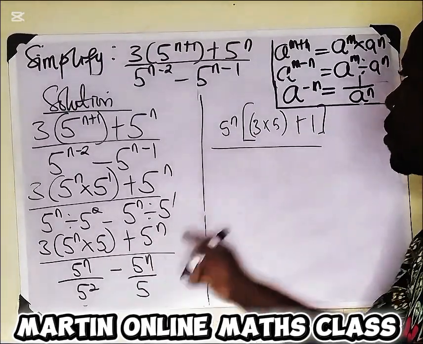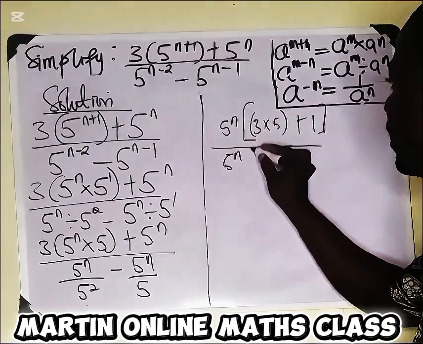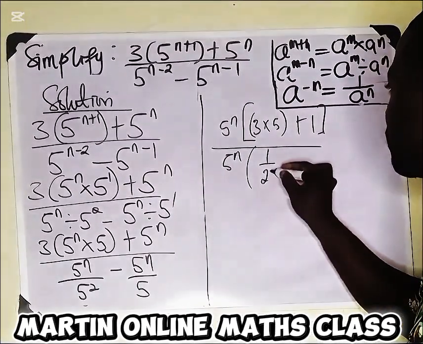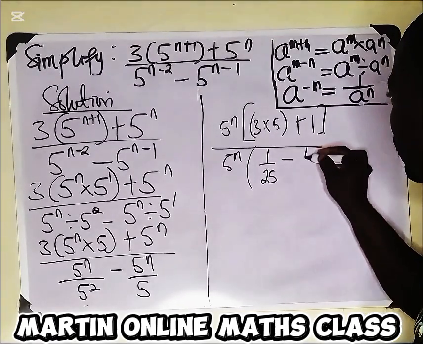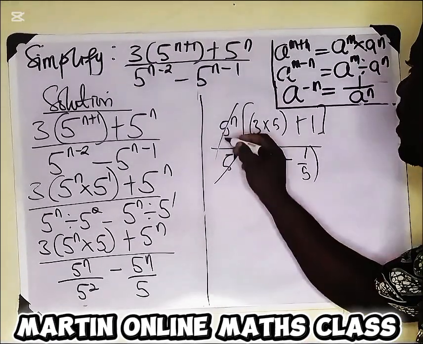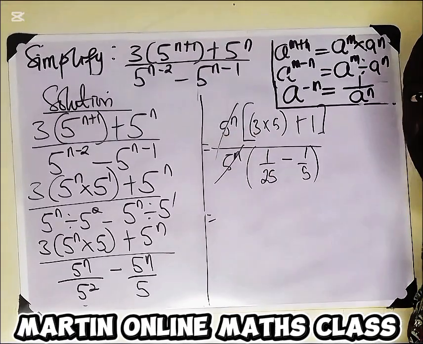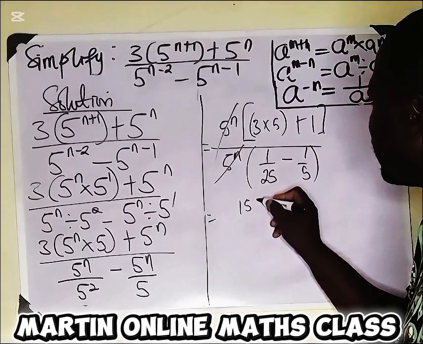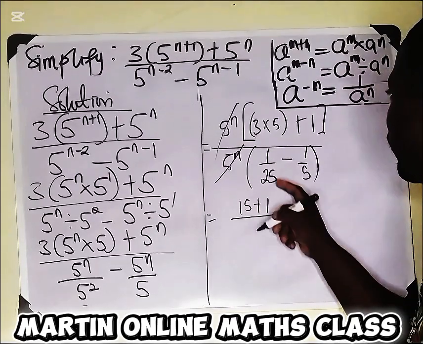Here 5^n is common on both sides. I have 5^n bracket 1 over 5 squared, which gives us 25, minus 1 over 5. At this junction, 5^n cancels out. 3 times 5 will give us 15 plus 1 all over.